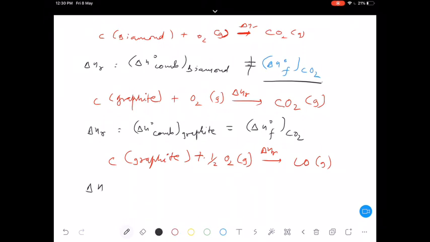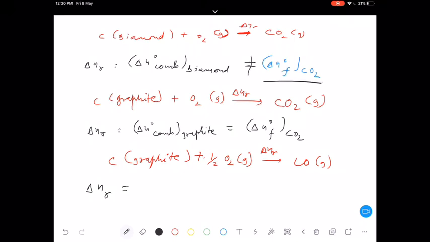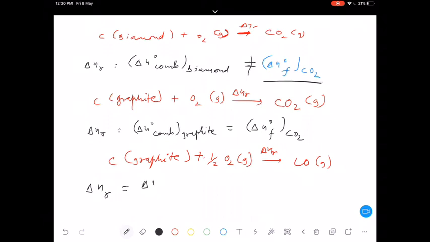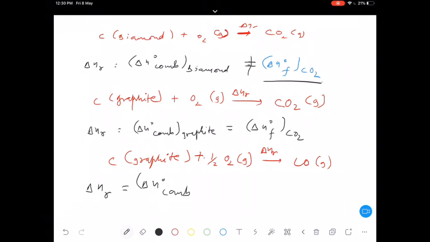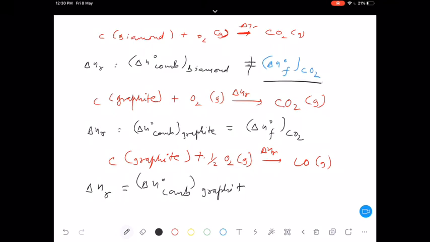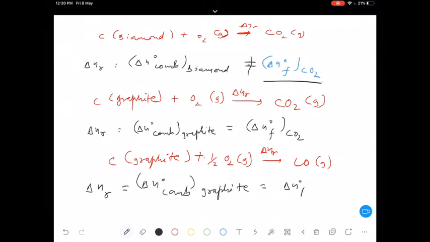So can I write heat of reaction delta HR to be same as standard heat of combustion of graphite, or standard heat of formation for carbon monoxide? Can I write in this manner?